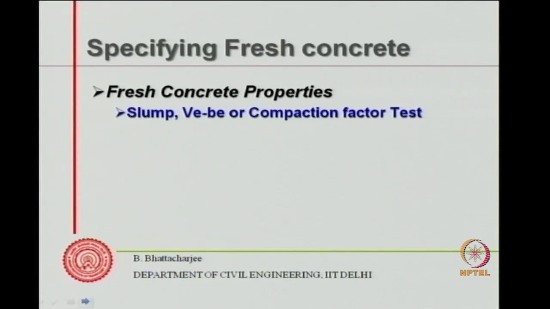Now we said fresh and hardened concrete properties. Although we have not yet defined the various kinds of properties of concrete, which we shall do in our successive modules, fresh concrete properties are specified in terms of some engineering characteristics called slump, VB, or compaction factor.